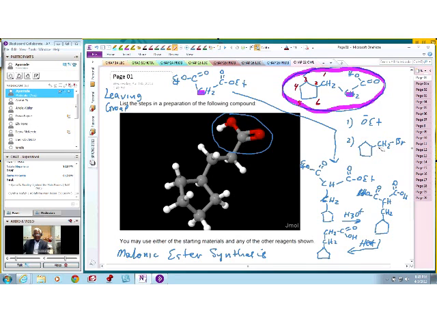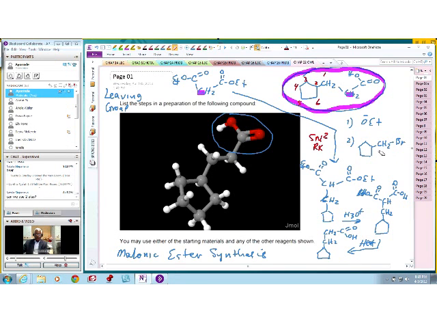Now the point here with this alkylating agent is that this is an SN2 reaction, which is to say that the leaving group must be attached to either a primary carbon or a secondary carbon. Each one of these will be an sp3 hybridized carbon, primary or secondary.